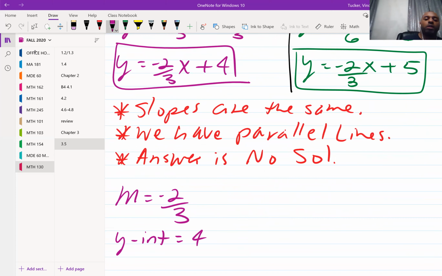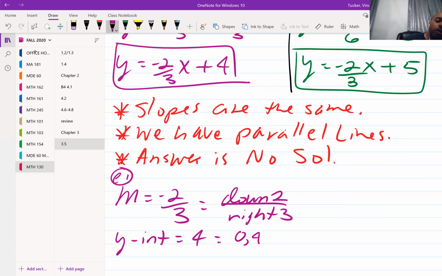All right. So looking at equation 1. I remember once again, you have 3 methods that you can use to graph your lines. It doesn't matter which method you use, you still should get the same line. So this means I'm going to go down 2, right 3, ordered pair, 0, 4.